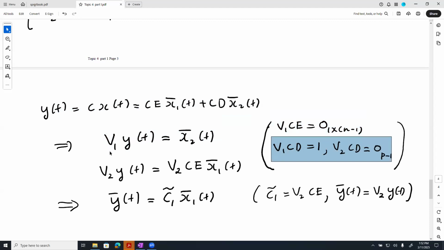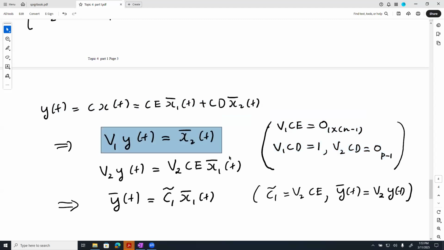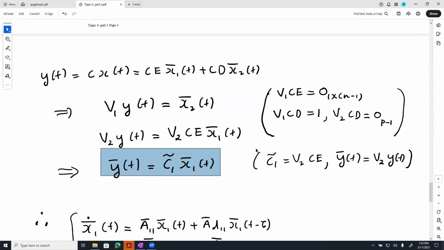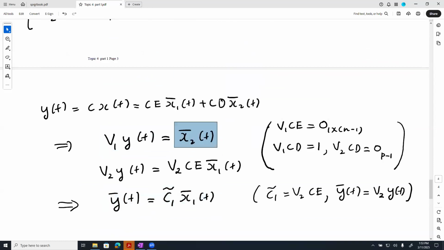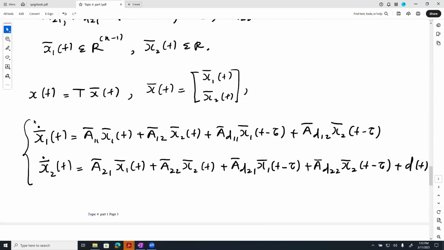So we have x bar 2 expressed in terms of y of t, which is basically y1 of t. And then the other reduced output measurement is given by this.